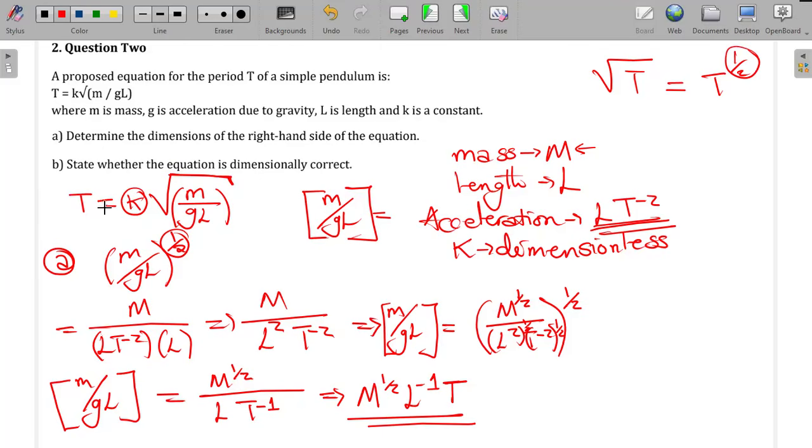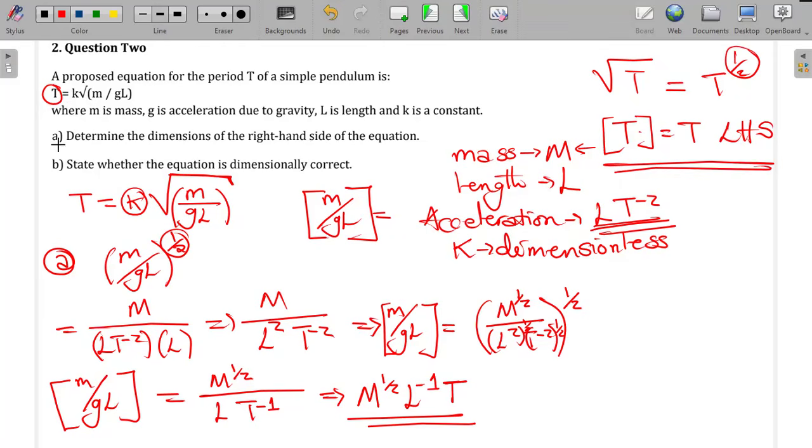On the left-hand side, this is the period, which is the time taken for one complete oscillation. This is a pendulum. So period T is going to have the dimensions of time. So this is our left-hand side.